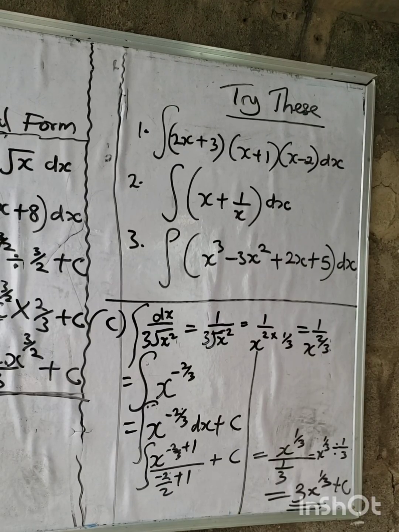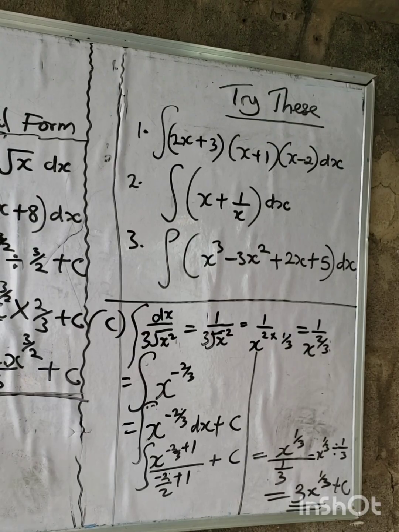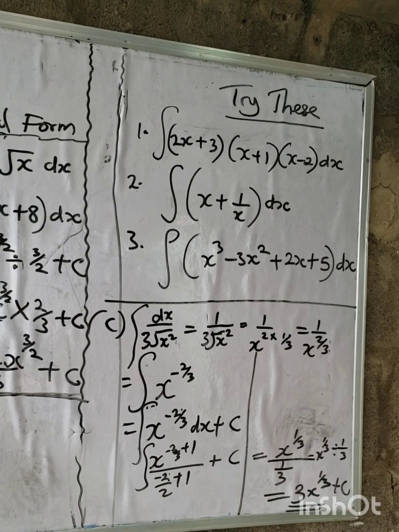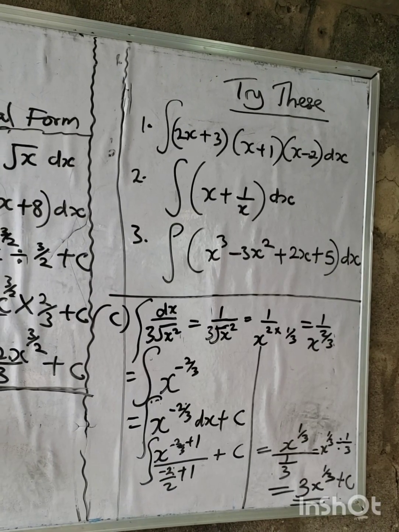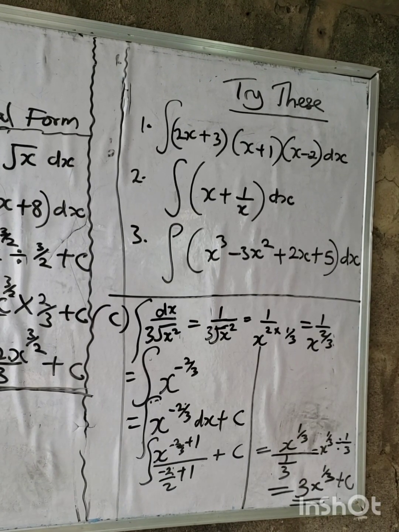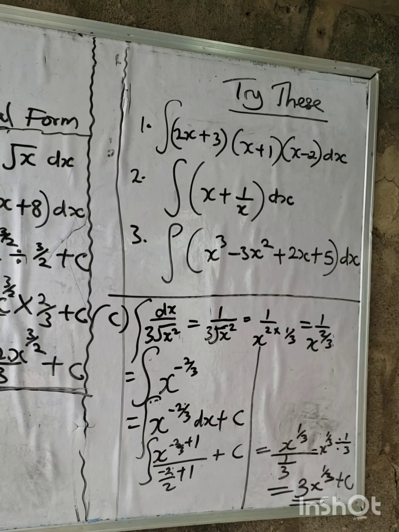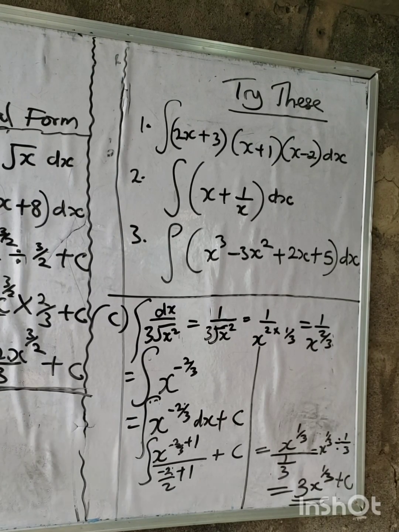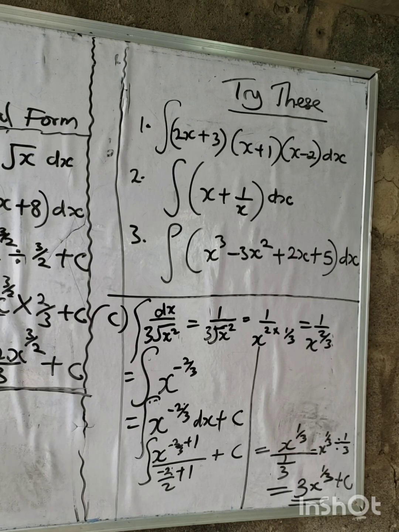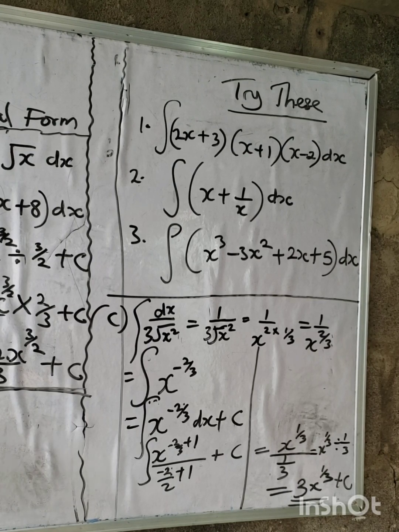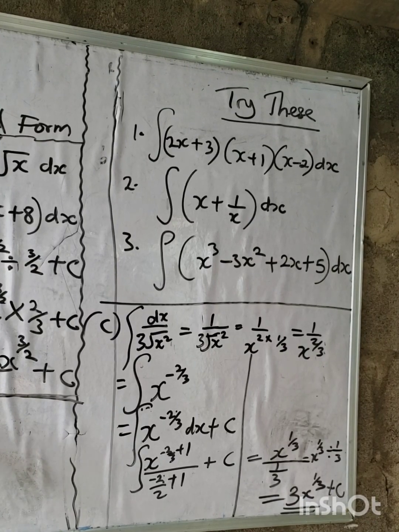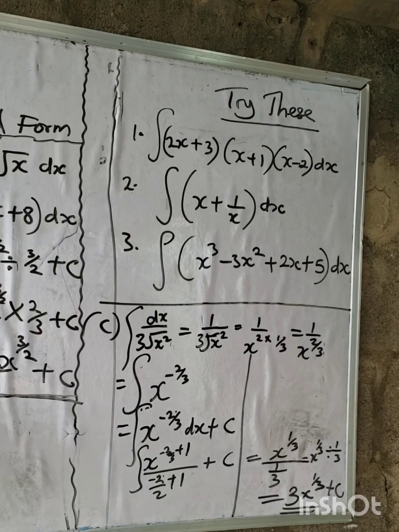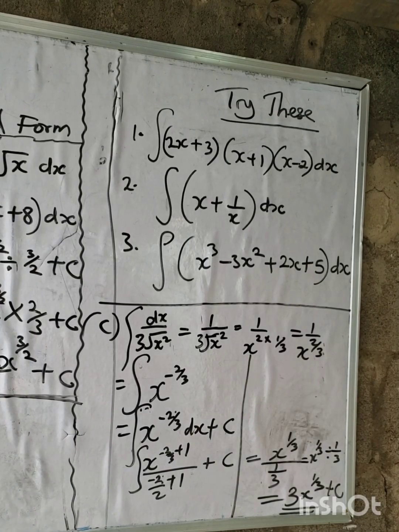The integration of this will be 2x raised to power 3 divided by 3 plus 3x raised to power 2. I think you know how it becomes 2 now. There is an invisible 1 here. We are going to add another one. This is 3x squared divided by 2 plus this will become 8x. We have only a constant here, plus c. Therefore, the integration of this is this.